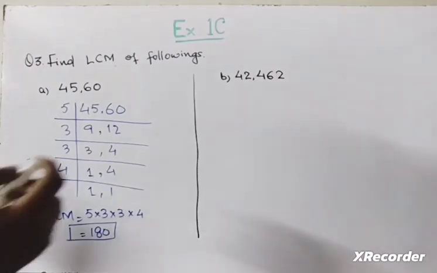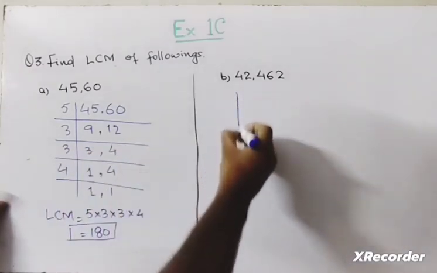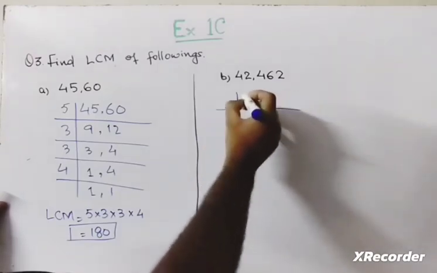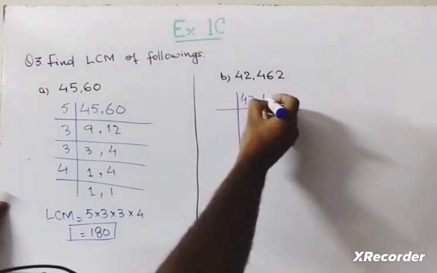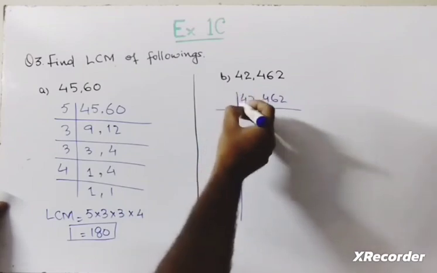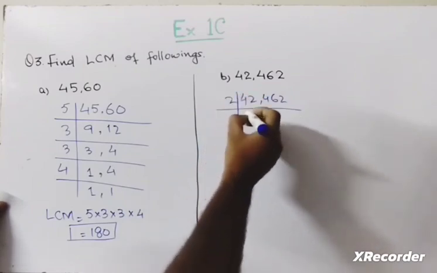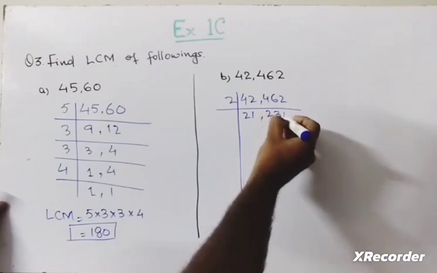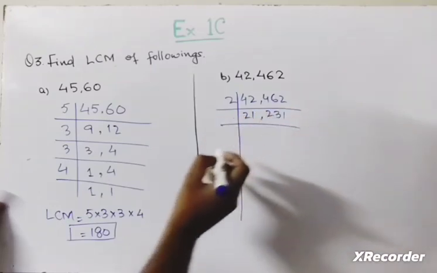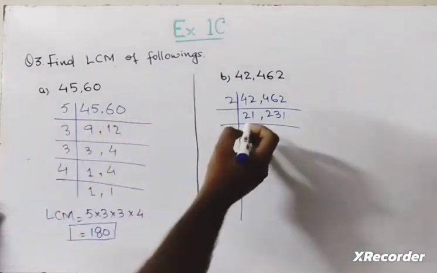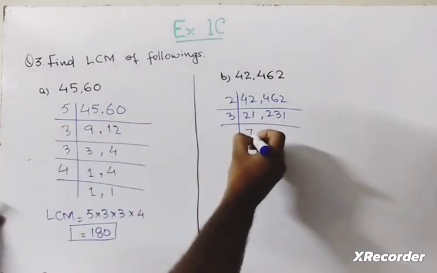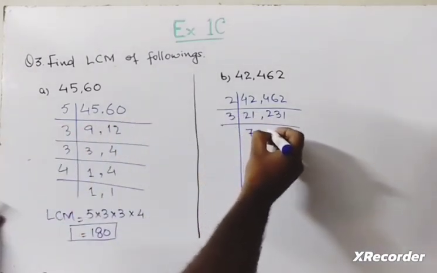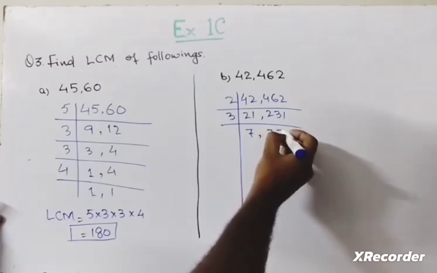Similarly, part B, 42 and 462. With 2 we get 21, 231. With 3 we get 7, 77.